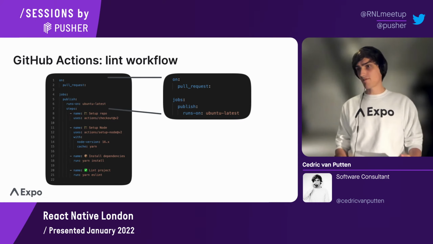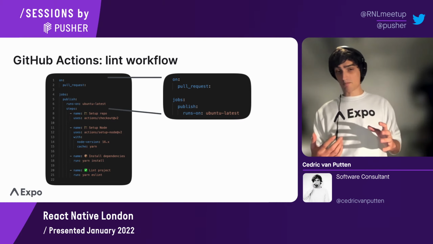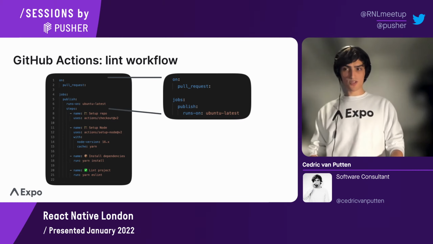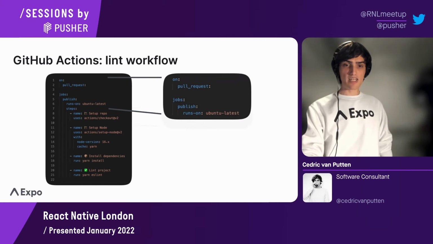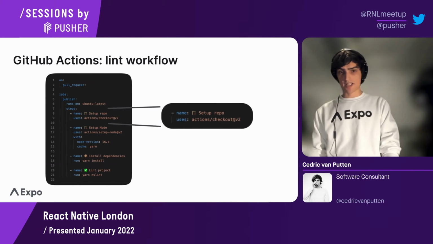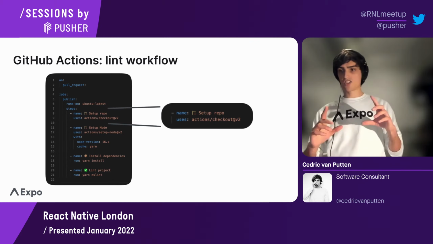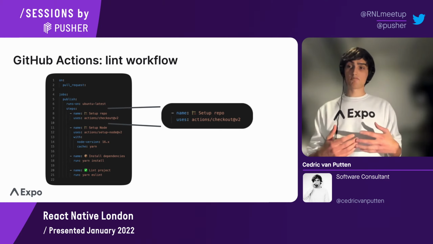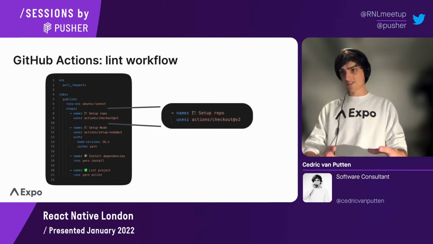You can choose whatever environment or operating system you want to use. But because Gary knows that Ubuntu is the fastest here, we just default to Ubuntu. Now, let's take a look at the first step. It's kind of funny how GitHub Actions doesn't check out the whole repository by default. You actually have to ask GitHub Actions to do that.